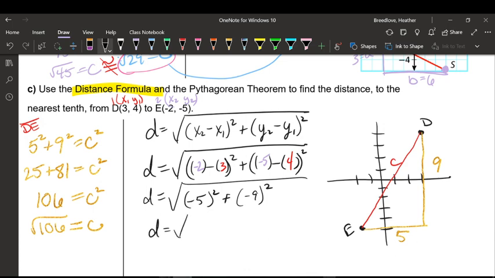So now I have -5 squared, which is -5 times -5 is 25, plus -9 times -9 is 81. And whenever it's under a radical like that, technically there should be parentheses around it. So now I still have order of operations saying to deal with the 25 plus 81 first. So D equals the square root of 106.